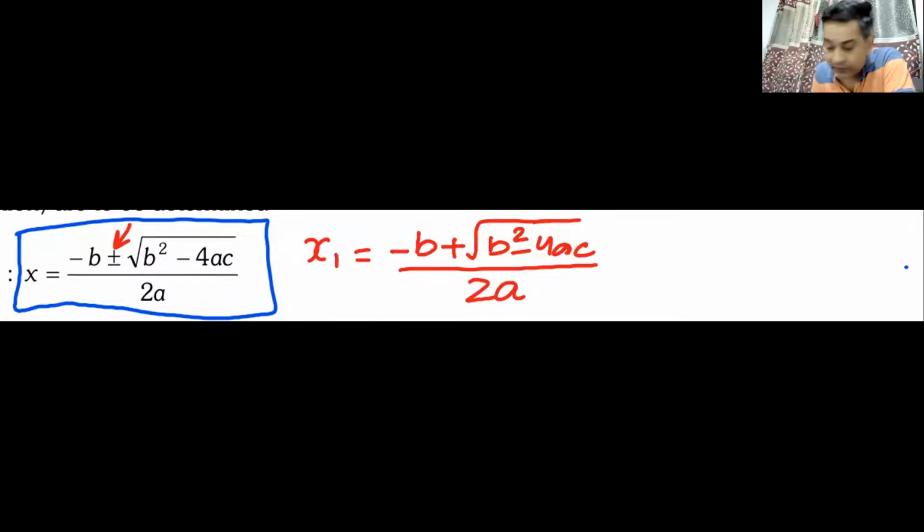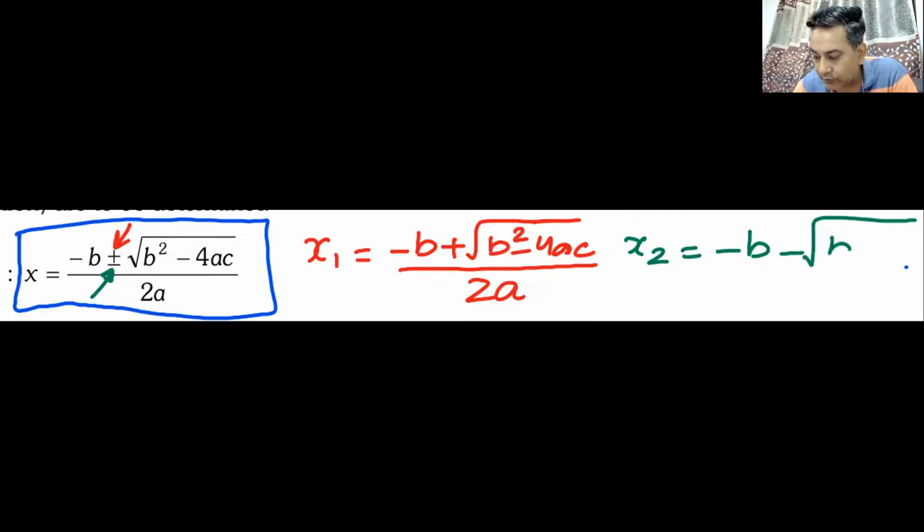Then the question is, how do I get the second value of x? Well, if you understand how you get the first value, you can understand how you get the second value. To get the second value, you take the minus sign, and the second value of x, let me call it x2, will be equal to minus b minus root of b square minus 4ac divided by 2a.